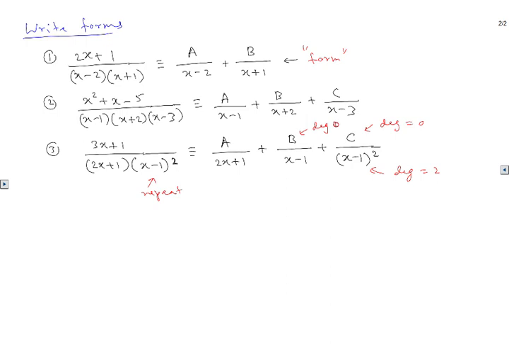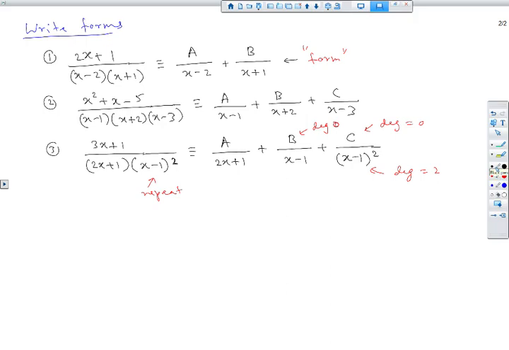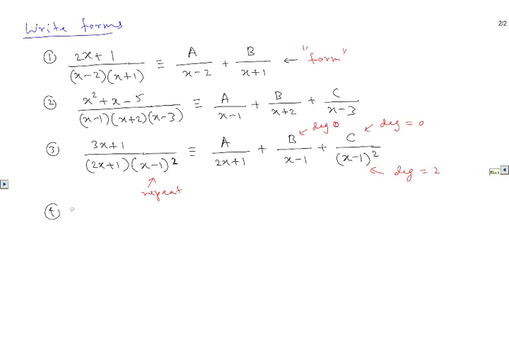It is for repeated factors. So let's write one more of the same type. Number 4: 2x plus 1, and then x minus 1 cubed.